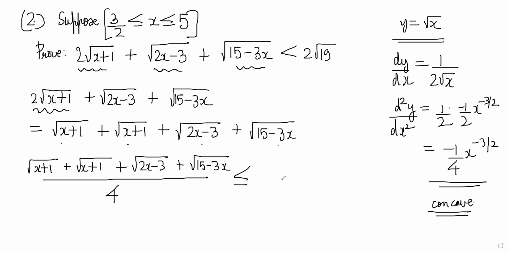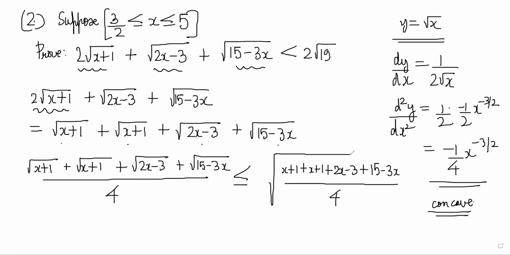So we can say that the sum of the radicals by 4, so root over x plus 1 plus root over x plus 1 plus root over 2x minus 3 plus root over 15 minus 3x by 4 should be less than or equal to the root over, basically you have f of x1 plus f of x2 plus f of x3 plus f of x4 by 4 should be less than or equal to f of x1 plus x2 plus x3 plus x4 by 4 for a concave function. So I will say x plus 1 plus x plus 1 plus 2x minus 3 plus 15 minus 3x whole divided by 4, right?